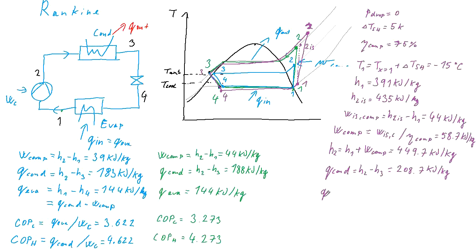The unit cooling load in the evaporator, H1 minus H4, where the H1 is now over here, further in the superheated steam. The H4 remained basically the same, and we will have 150 kilojoules per kilogram.